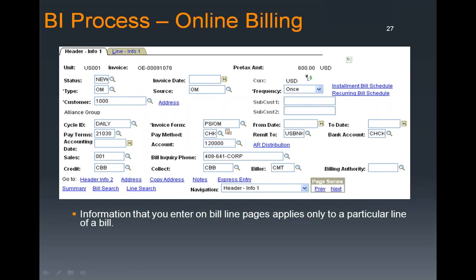After that, bill source. If you are getting the bills from online, then you may have some setups in the system, or else external, or from billing, or from other modules like order management, all the defaults. You are seeing the details below. All these will be populated automatically. You need not enter anything here.